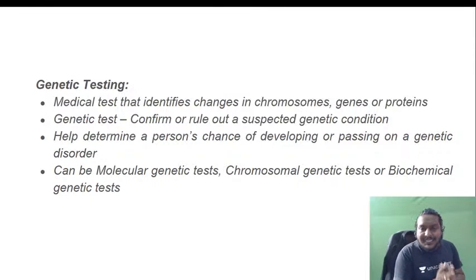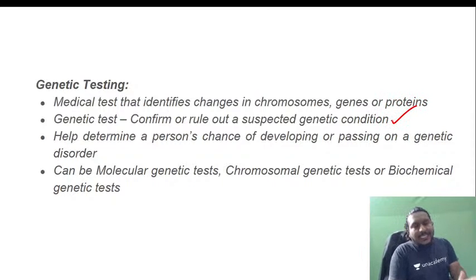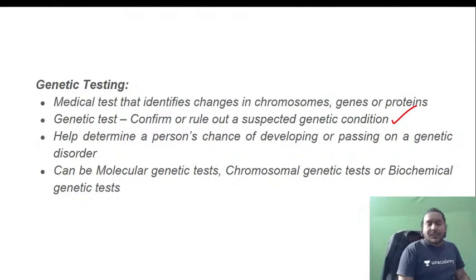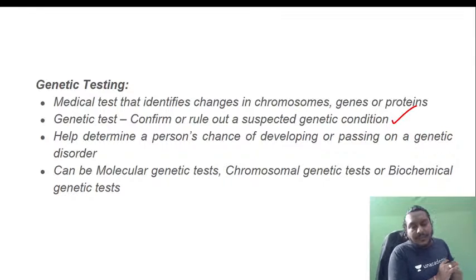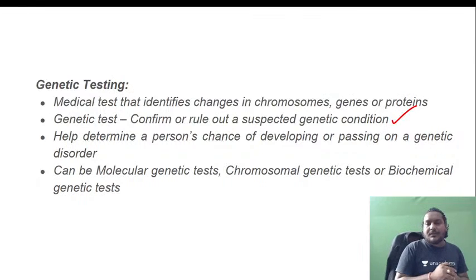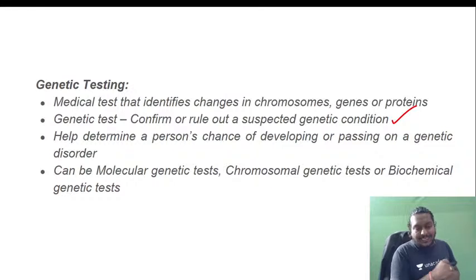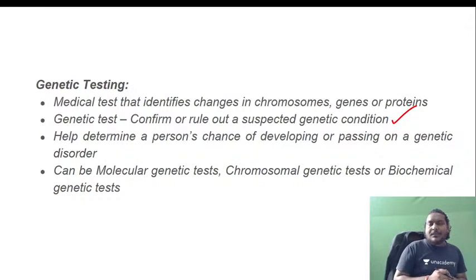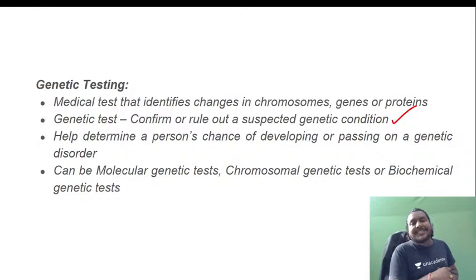So this genetic test will confirm or rule out a suspected genetic condition. It will either confirm or rule out a certain kind of case. And this should determine the person's chance of developing or passing on a genetic disorder, and how it is passed on to the next generations.